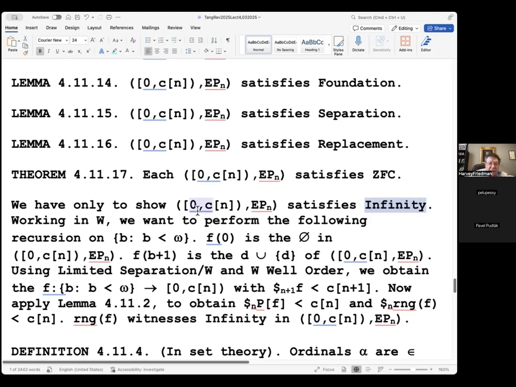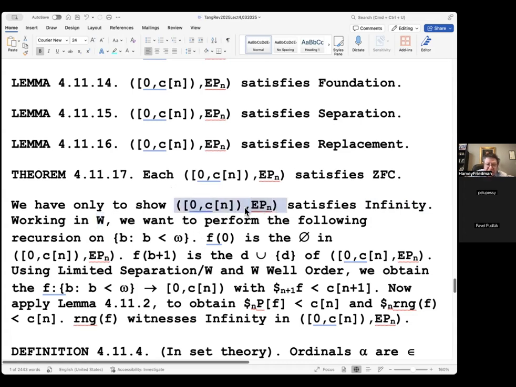Yeah. Okay. So from that, we can perform a recursion. Working in W, we can perform a recursion in which we get the integers needed in infinity, but what integers? Integers in the sense of our structure here.